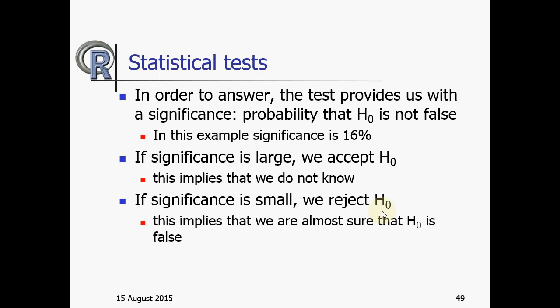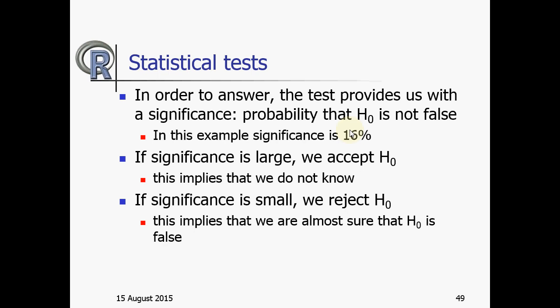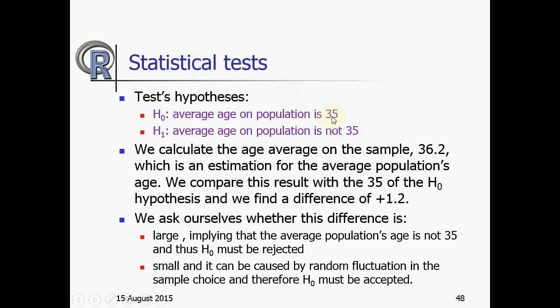So if you reject, you are very sure of what you're doing. When you reject, you can say the average age of the population is not 35, almost for sure. On the other hand, if you accept, please don't say the average age of the population is 35. I know that from a linguistic point of view it is nonsense, because you accept and you cannot say it.